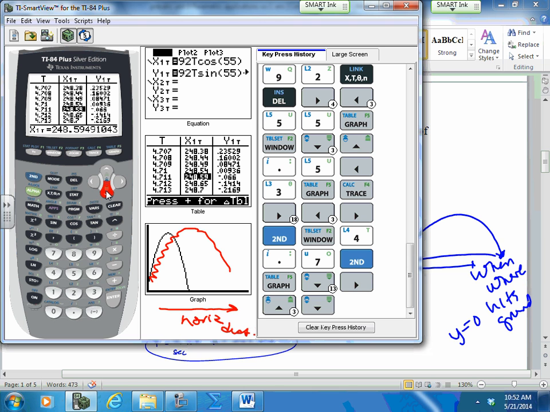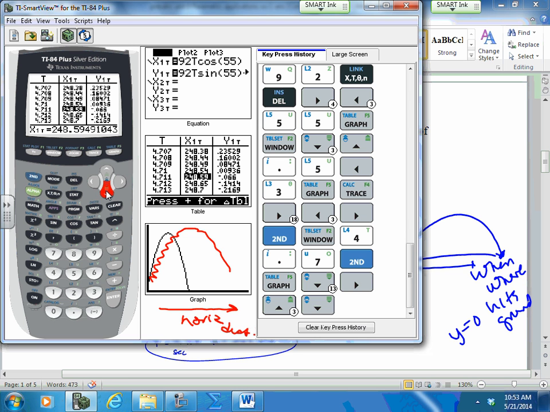Now, the height of the ball. Because your curve is symmetric and it started at the 0, once you find the time, doesn't the middle have to be halfway, right? So if my time here is 4.711, say 4.7, and I cut that in half, it's what, 2.35?